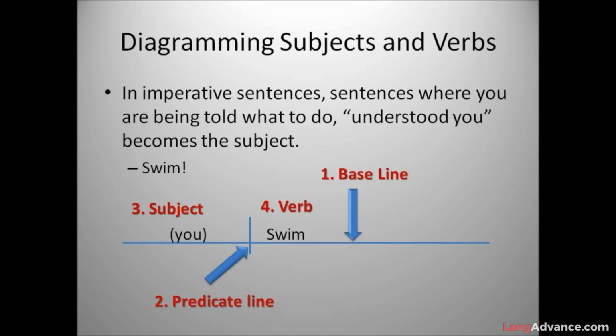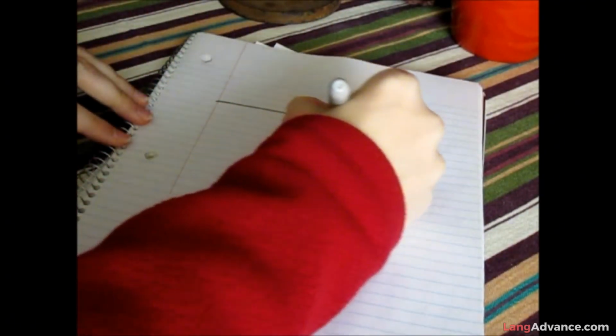So you would draw your baseline, then you would draw your divider line, then you would put in the understood you within parentheses on the left side of the divider line to stand in as the subject, and you would put the word swim with a capital letter, because it's the first word of the sentence you're diagramming, on the right side of the divider line. Okay, and now I have some live action for you.